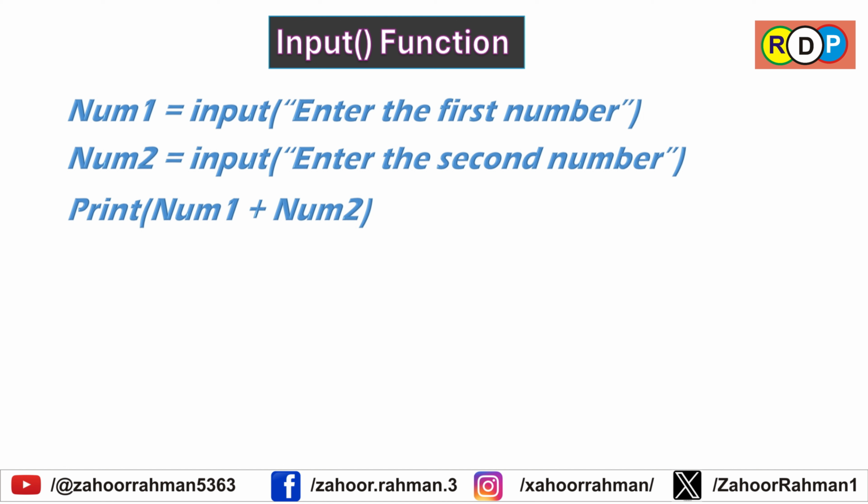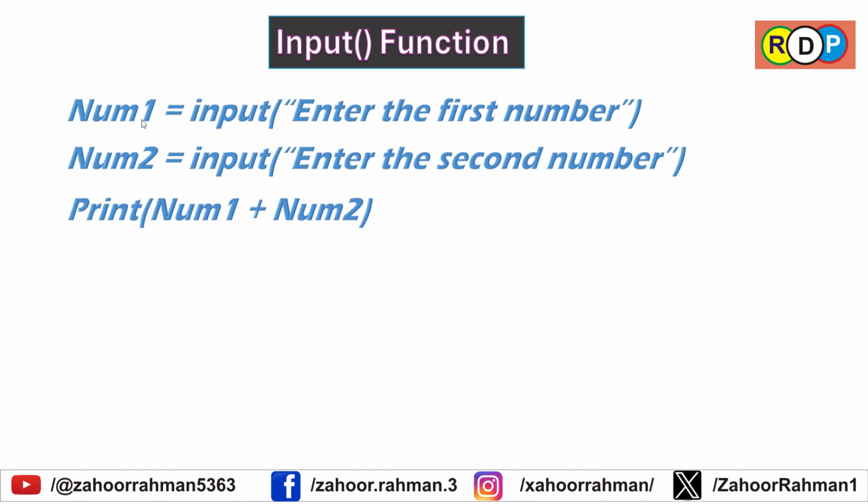Ladies and gentlemen, when you run this program, you will get an unexpected result due to this plus operator. Let me tell you, when you declare a variable, in this case num1, the default data type of that is string.